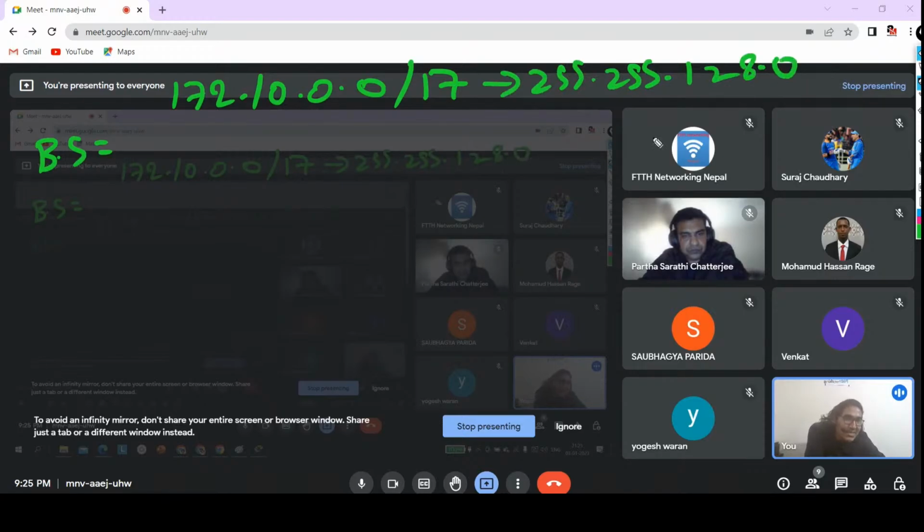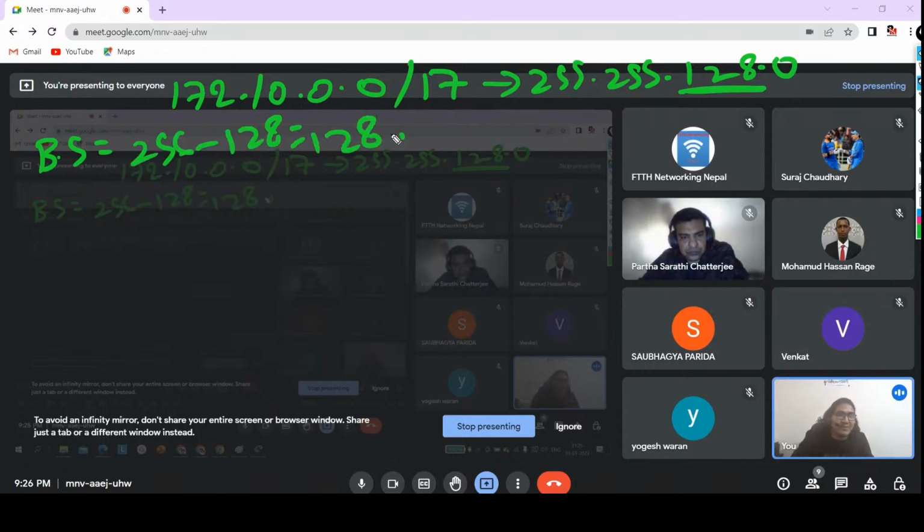But the last one bit is present in the third octet, not in the fourth octet. So the octet where we are going to work, where we are going to add the block size, is the third octet. The block size will be 256 minus 128, which is again 128.